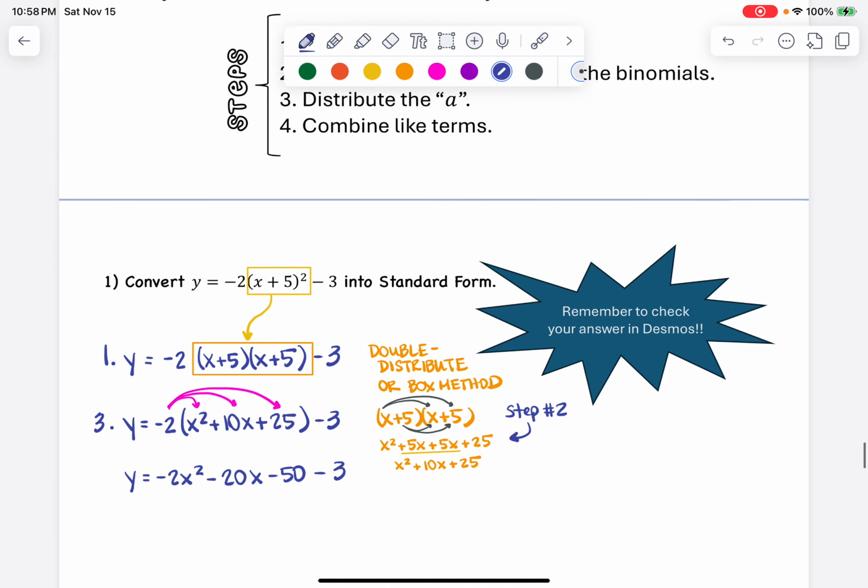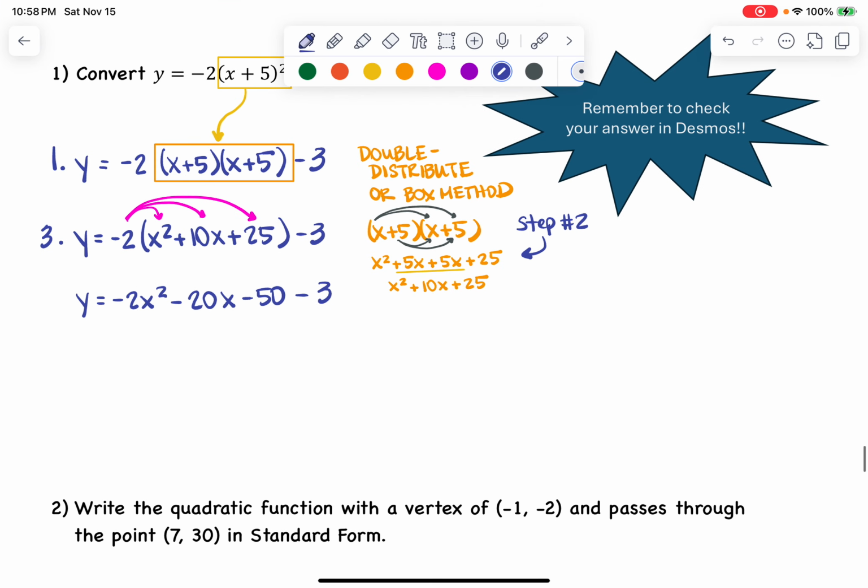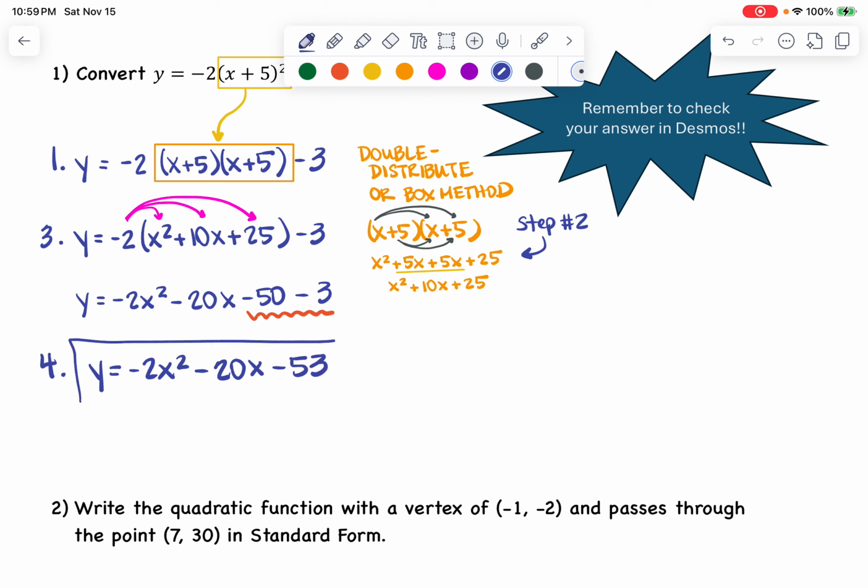Don't leave him off. And then step 4, we're going to combine like terms. The only like terms I will have will be that little dangling number, the k value that's dangling off on the side there. So my final answer is going to be negative 2x squared minus 20x minus 53.